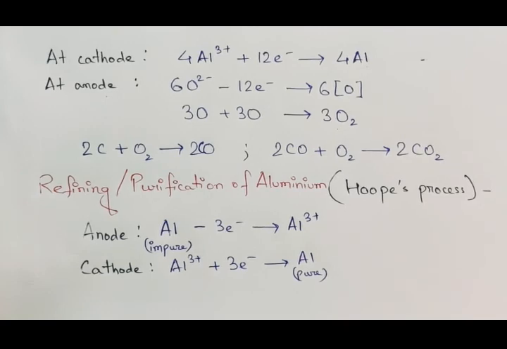For your exams there is no need to memorize the diagrams of the electrolytic cell, but the thing you need to remember is how the extraction is done, what substances are taken as the anode or cathode, and at which electrode the pure metallic substance gets accumulated. Clear? So this is all about the extraction of aluminium using Bayer's process, the Hall-Heroult process and the refining by Hoope's electrolytic process. Clear? So this is all about the extraction of aluminium.